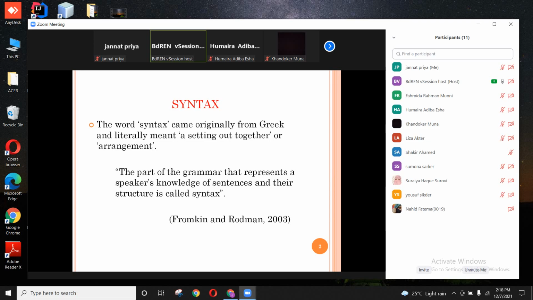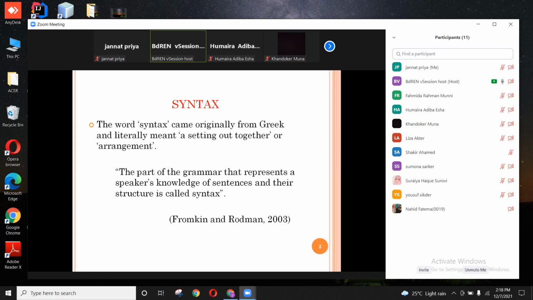So here the order is subject, object, and verb, which is quite different from the syntactic order found in English. So every language may have its own syntactic rules, a setting out together or arrangement. So you have to make arrangement of individual or different elements in order to make a sentence.